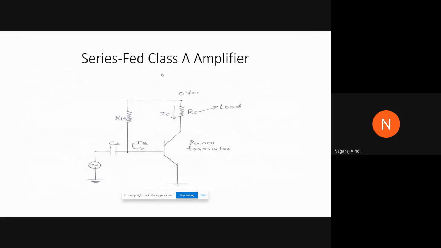Here they have given all the values: RB, RC, beta, and VCC are given. And they have asked to calculate the input DC power, the output AC power, and the efficiency of the circuit.